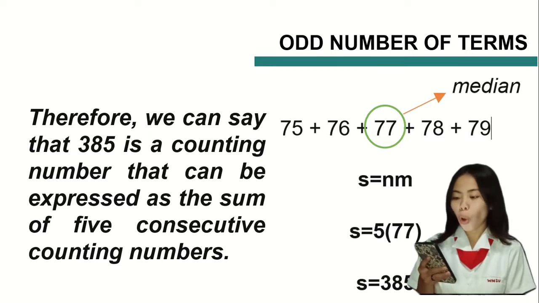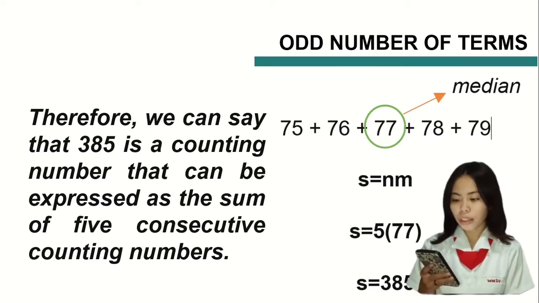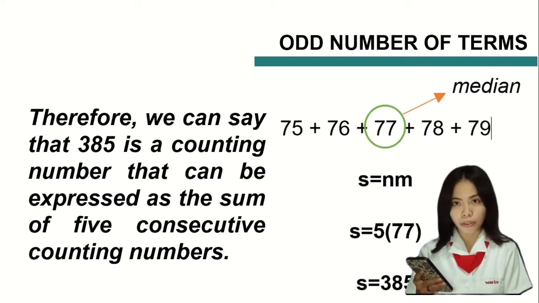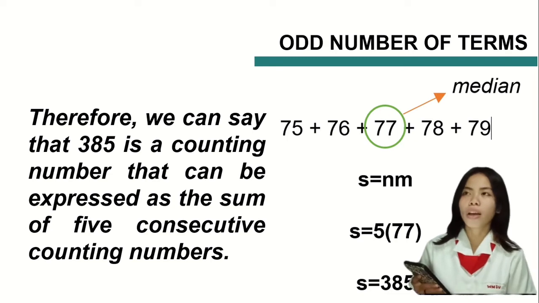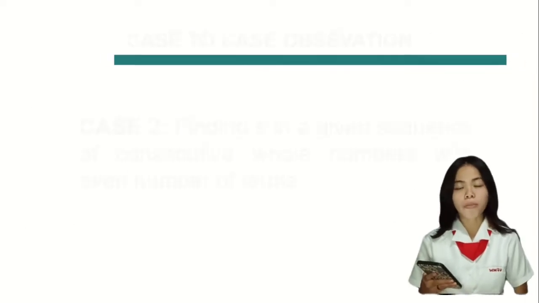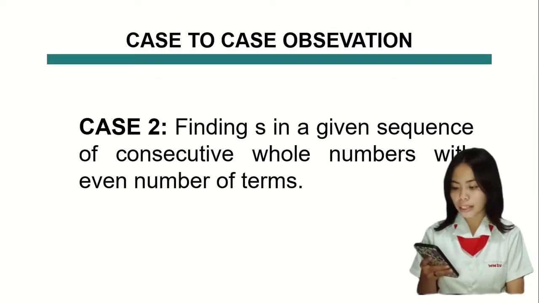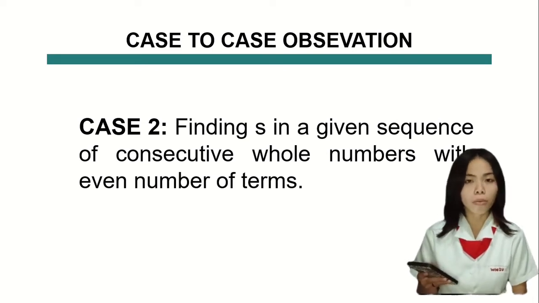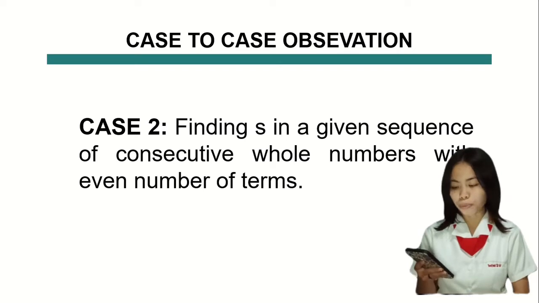Now, for case number 2: finding S in a given sequence of consecutive whole numbers with an even number of terms. The formula we are going to use is S equals N multiplied by the quantity of M sub 1 plus M sub 2, all over 2.